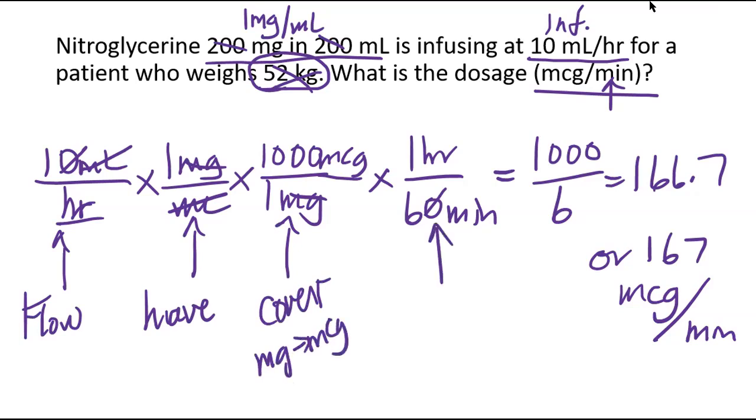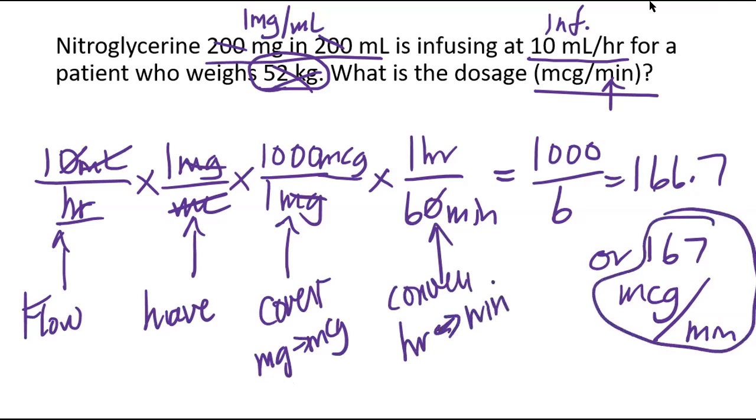And then here we converted time. Convert hours to minutes. And that's where we got 167 micrograms or 166.7, depending on what your pump does, essentially. But if you're in a paper test, write both of these out. If you're not sure, put both answers out.